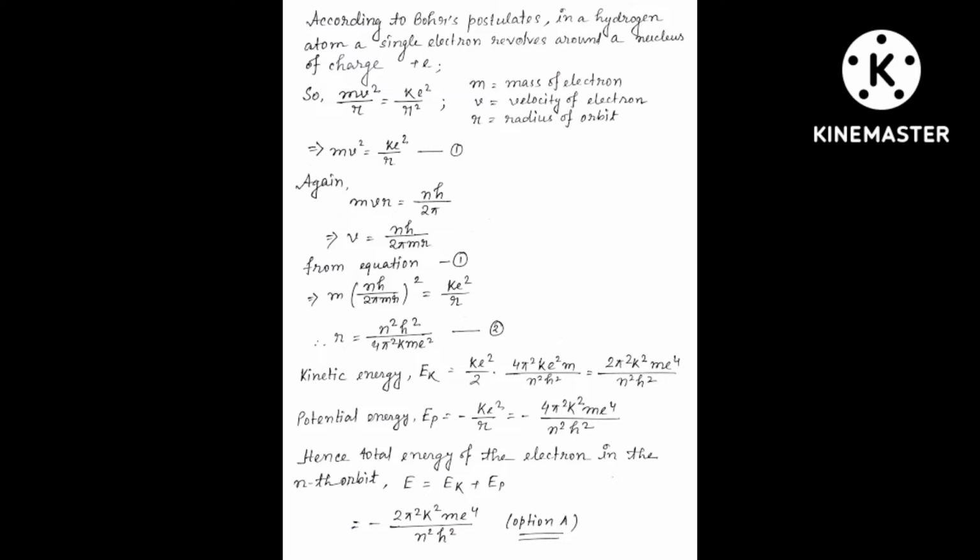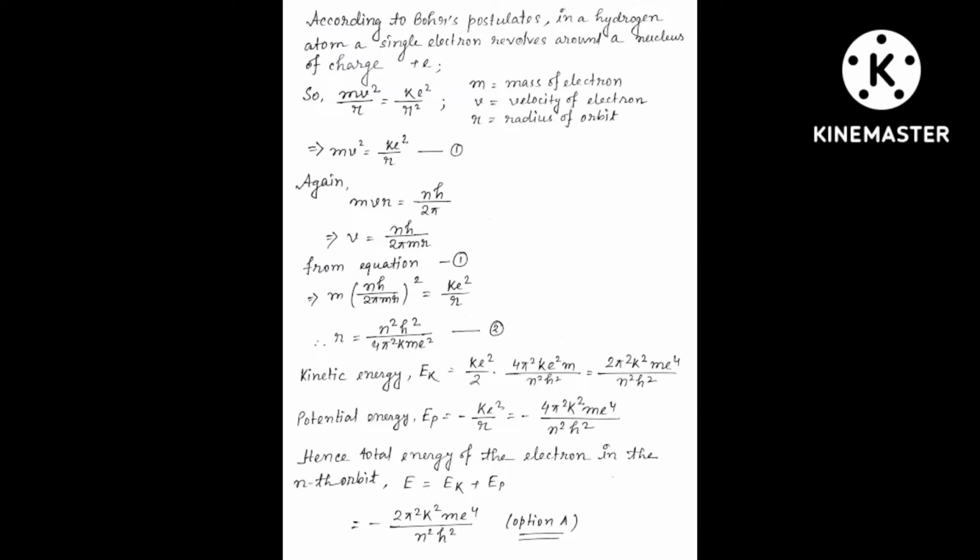E is the total energy, V is potential energy. Here both are required: energy has two parts, kinetic energy and potential energy.